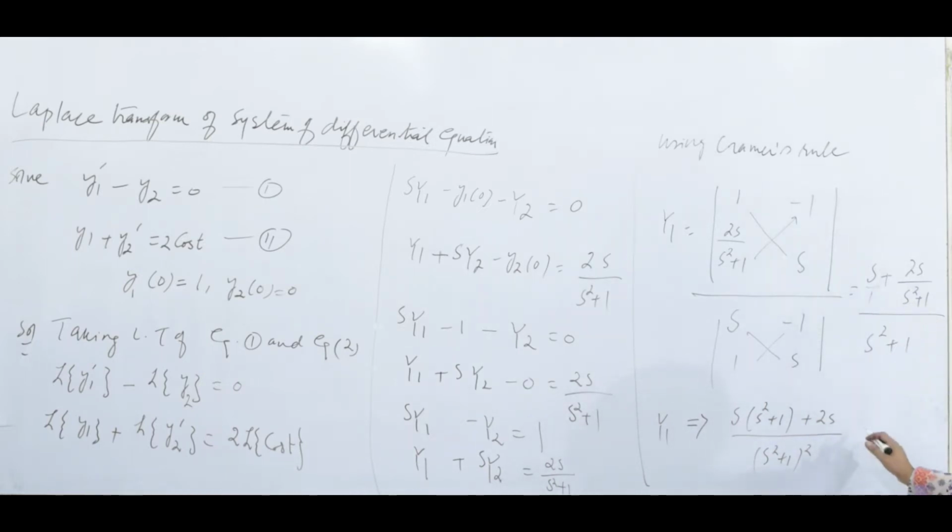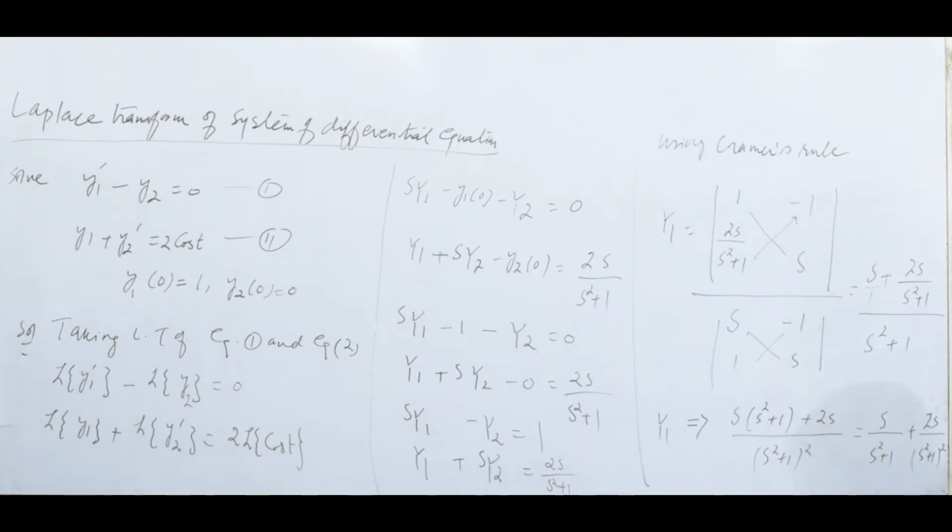So it could be s over s square plus 1, divided by this. The s square plus 1 is cancelled, plus 2s over s square plus 1 whole square.